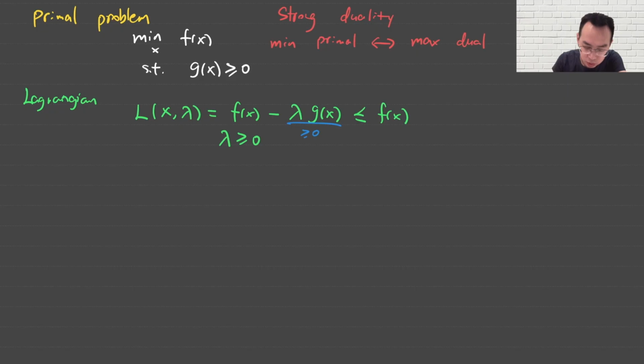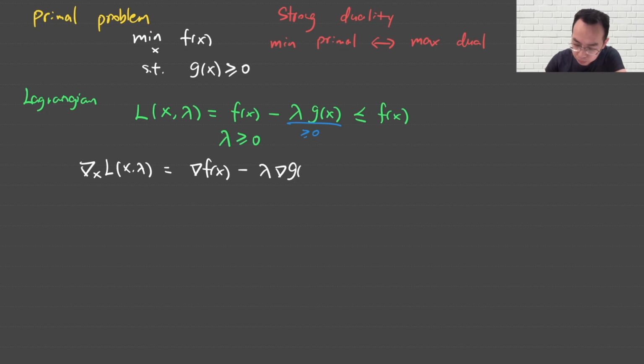Then we can take the gradient of this Lagrangian to see what it gives us. If we take the gradient with respect to x, that gives us the gradient of f of x minus lambda times the gradient of g of x. This equation is very nice.